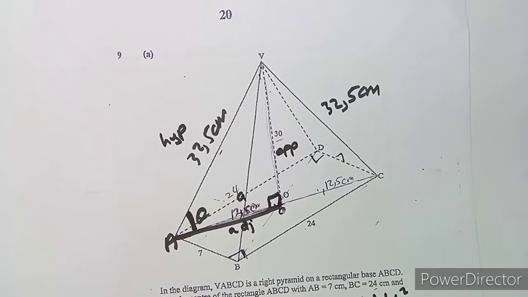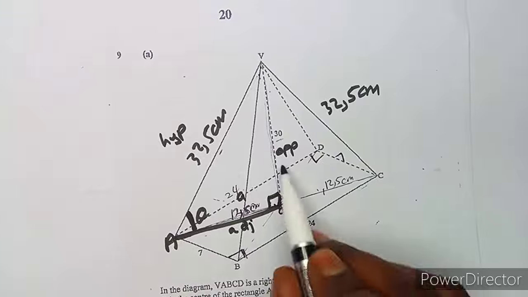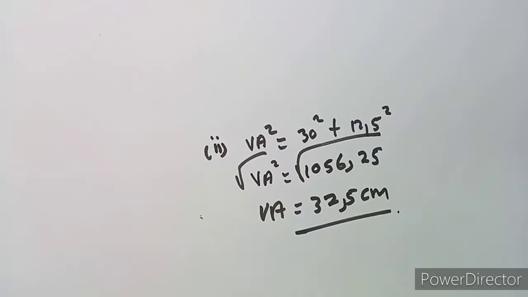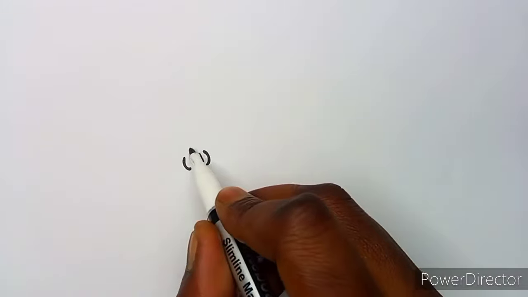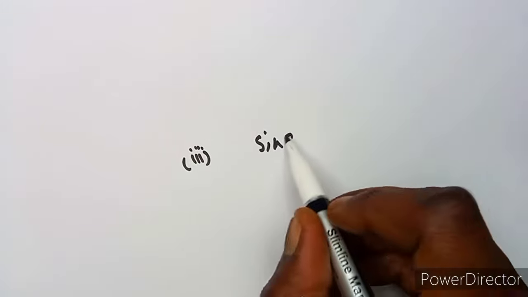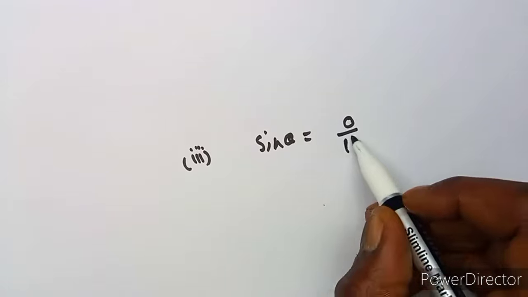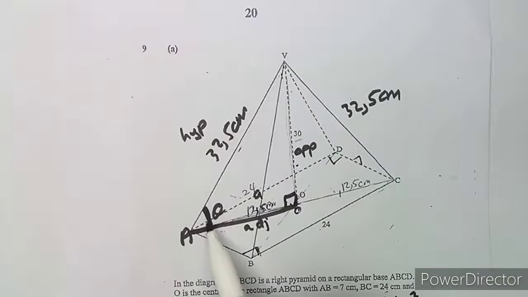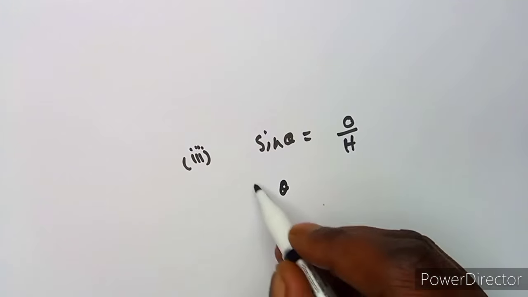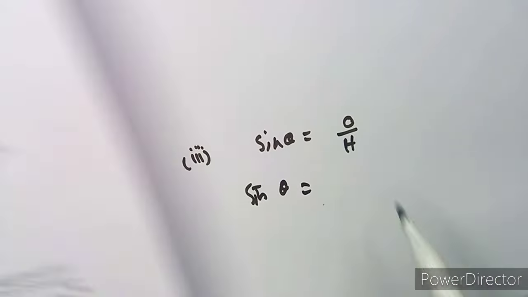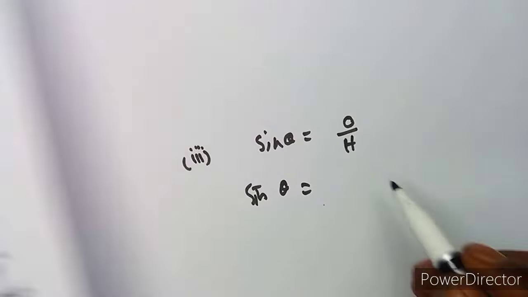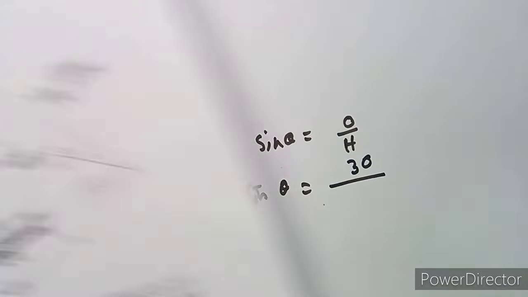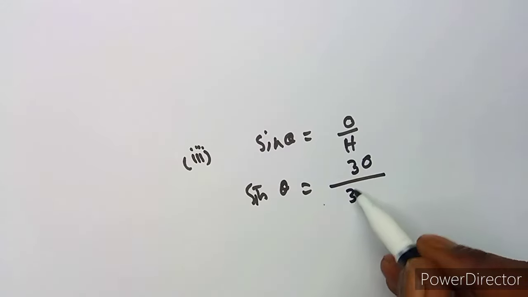So in this case, I'm going to just choose sine, where sine I know is opposite over hypotenuse. That's my sine theta in this case, which is equivalent to opposite, which is 30, over the hypotenuse, which is the one that I just calculated now, 32,5.